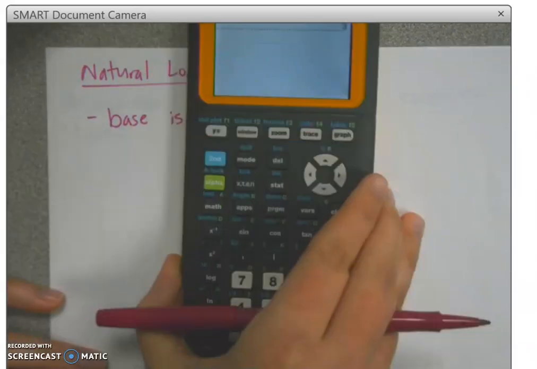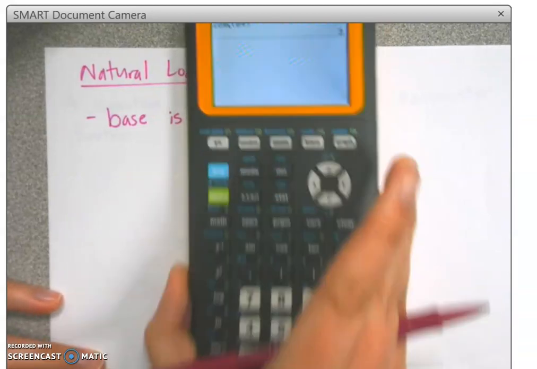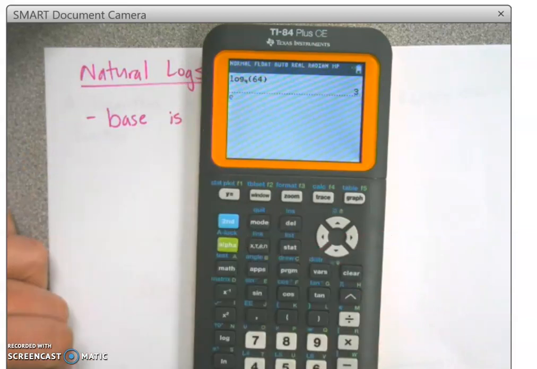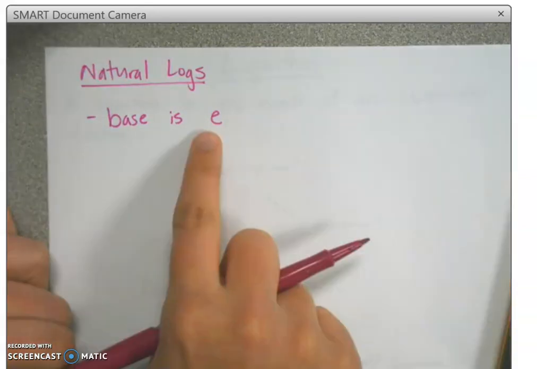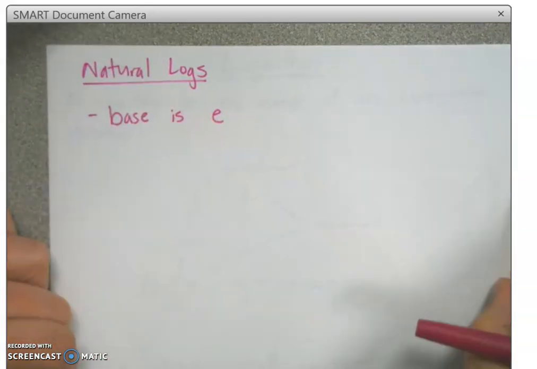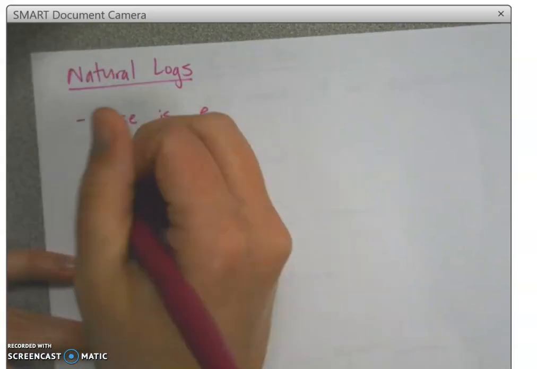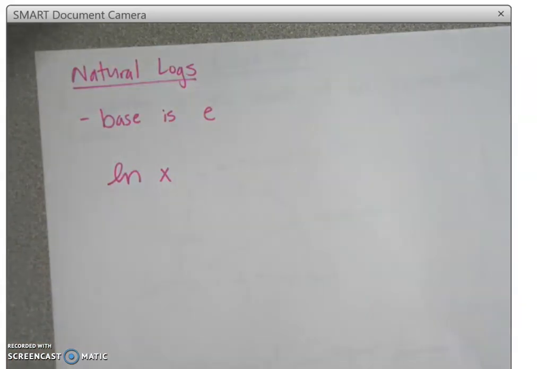So on your calculator, if you look, it's right here, it's second divide. So if I hit second divide, you'll see that e show up, and e has a value, that 2.718 number. So anytime your base is e, this is when you use a natural log, and natural log is written ln(x). Okay? So whatever you're looking at. So I'll do an example just to show you.